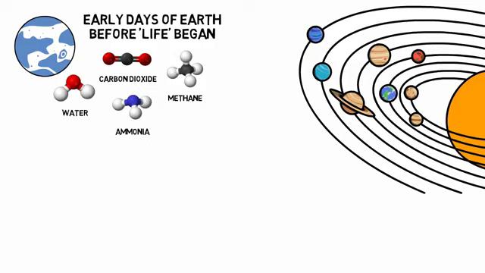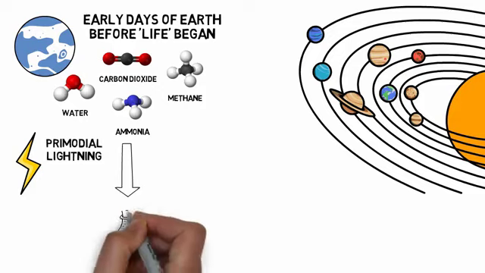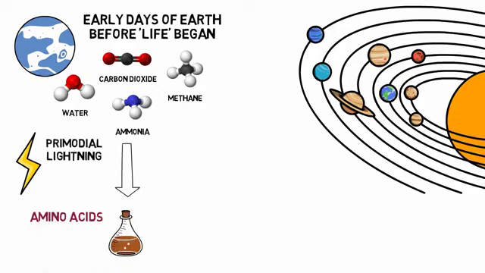Chemists put these substances together and subject them to sources of energy such as UV or electric sparks, trying to artificially recreate primordial lightning. They found that after a few weeks, a weak brown soup containing amino acids started to form. Previous to these experiments, amino acids were thought to be a sign of the presence of life. Similar experiments have yielded purines and pyrimidines, building blocks of the genetic molecule DNA.